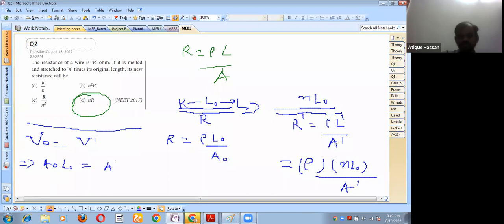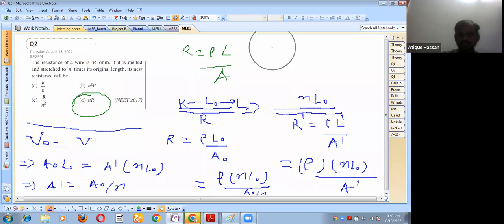So A0 L0 equals A dash into nL0. From here A dash will be equal to A0 by n. Obviously, if length increases, area of cross section will decrease, so it will decrease 1 by n times. So R dash will be rho nL0 by A0 by n.